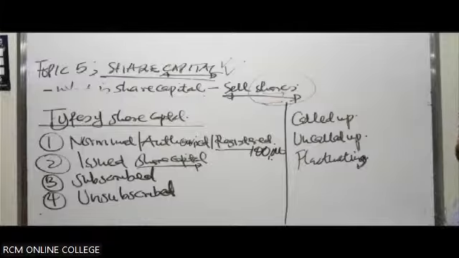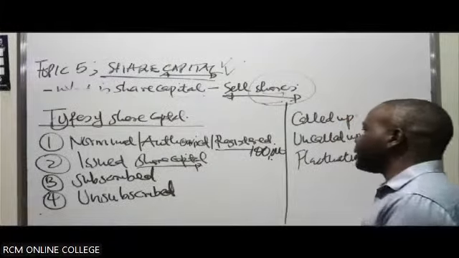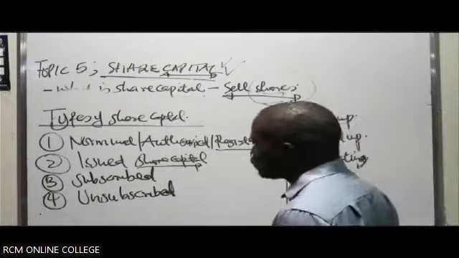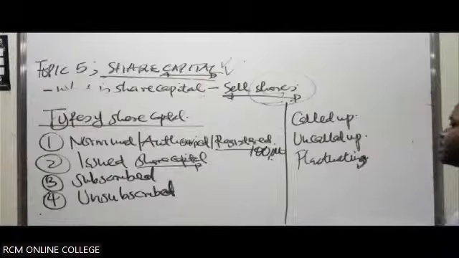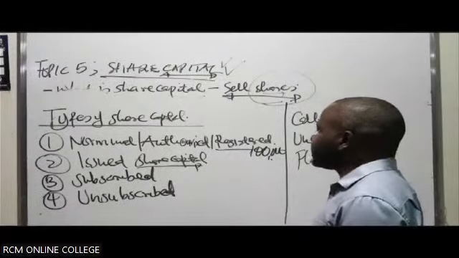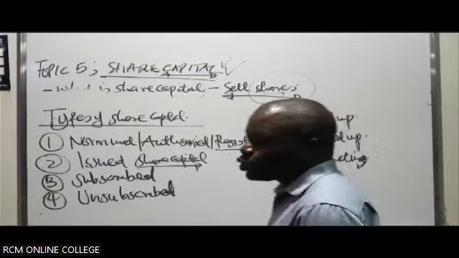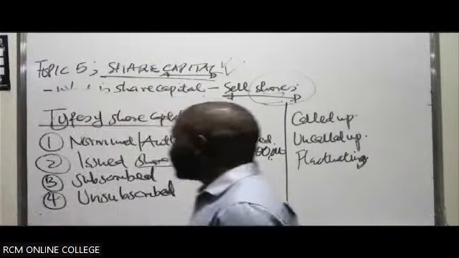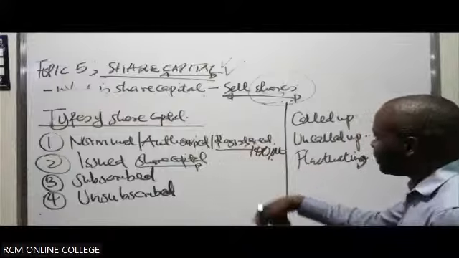The issued share capital is part of the authorized share capital which has been issued out to members of the public to apply or subscribe for allotment, so that the shares can be distributed to them. What you have to take note of here is that the issue will never be more than 100,000, because you can never issue what you don't have. You must issue either what you have or less, so it can be equal to or less than.